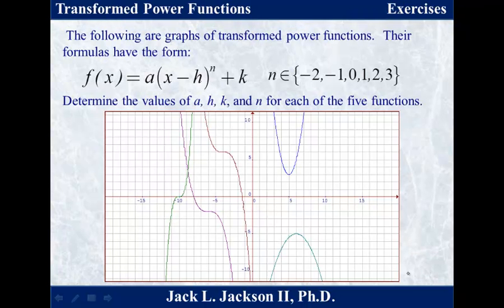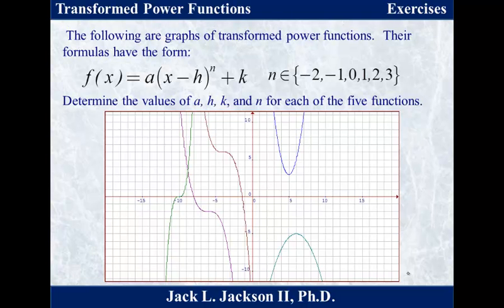So let's see if we can figure out a type of exercise here that we might do. These particular ones are done, and I'll tell you that n is either -1, -2, 0, 1, 2, or 3. I'll narrow it down that much for you. And these are power functions. There are 5 different ones here. See if you can figure out what a, h, and k are. First, figure out what n is.